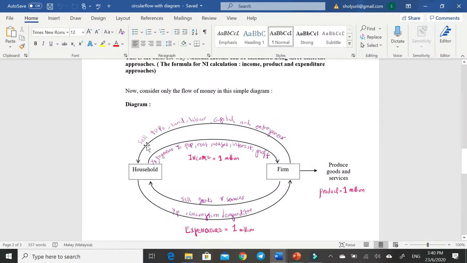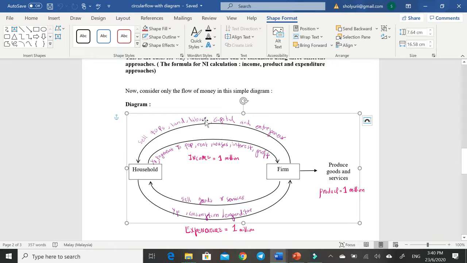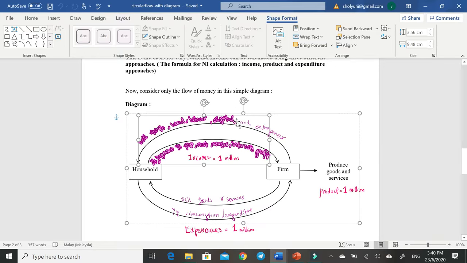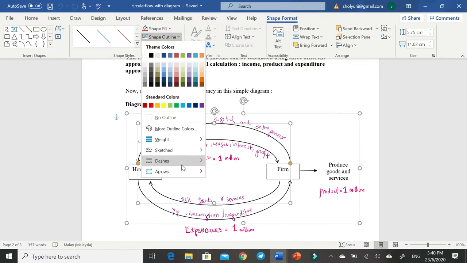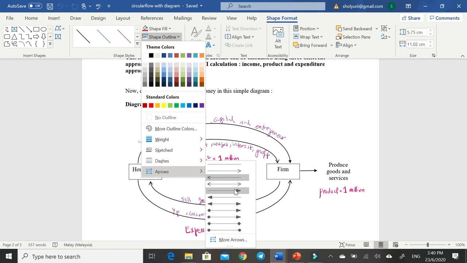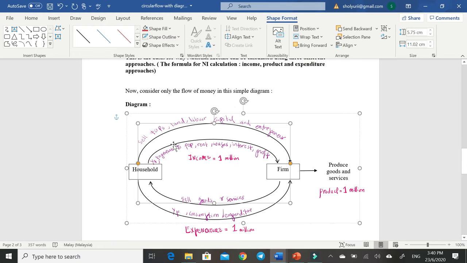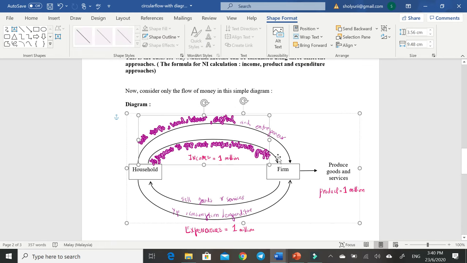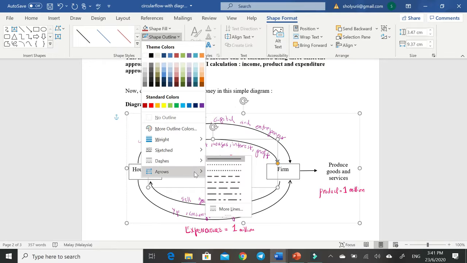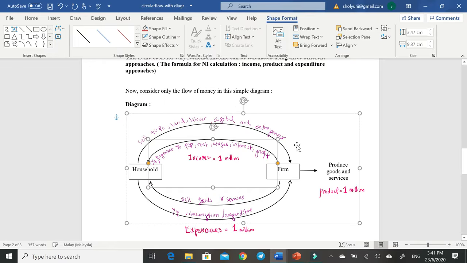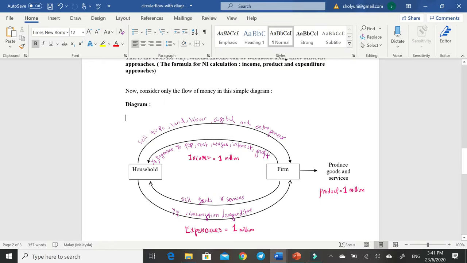Cumanya I ada silap kat sini. Sorry about that. Ni baru betul. Okay.